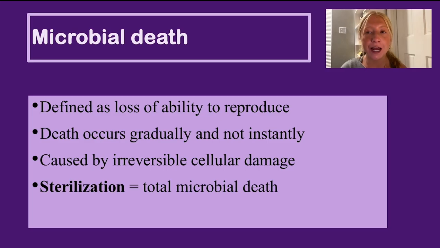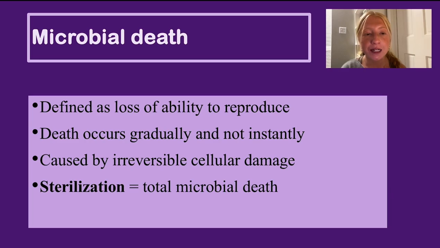So microbial death isn't always apparent because microbes don't show signs of death like an animal would. Death for microbes is the complete loss of the ability to reproduce. This uses lethal agents like heat or radiation, and it causes damage to membranes, proteins, or genetic material.